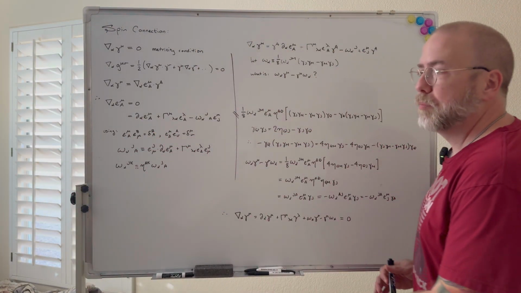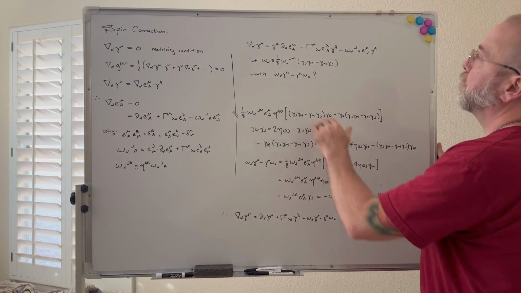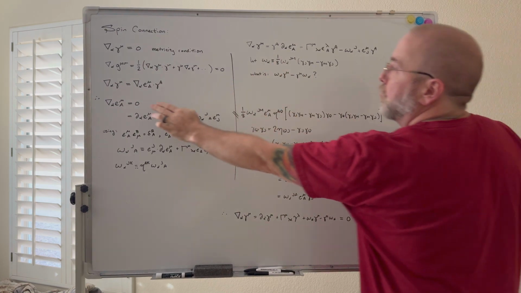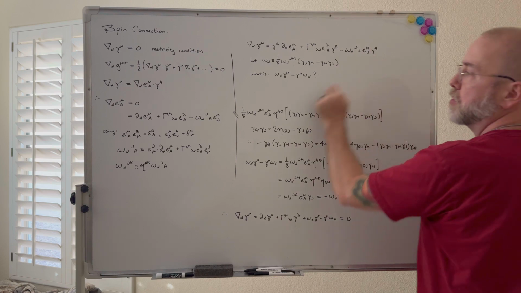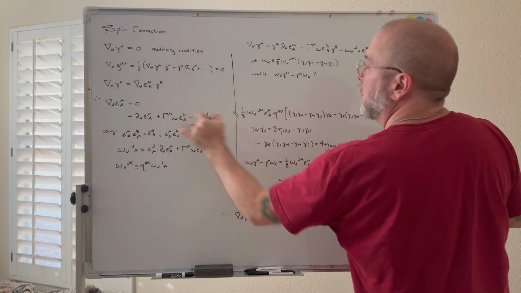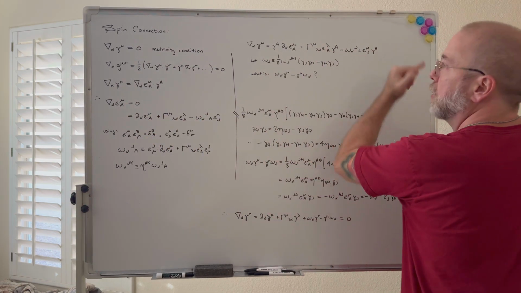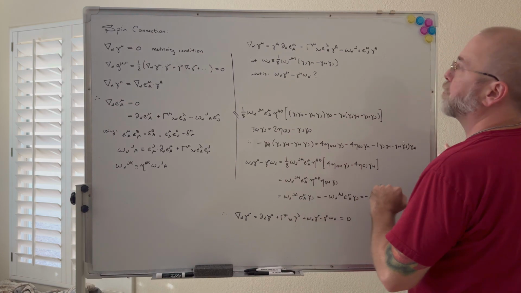Switch that. Again, writing this out with the gamma A on the outside. There it is. So I've taken this equation here and I've included the gamma A part of this.